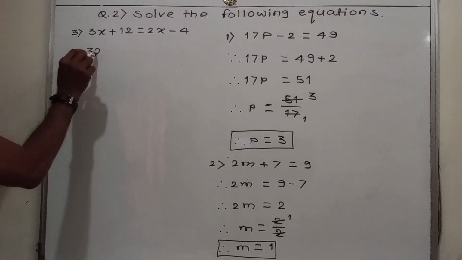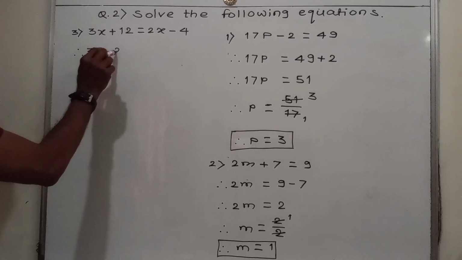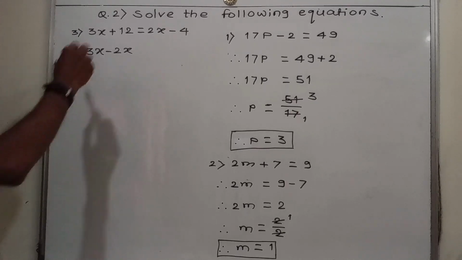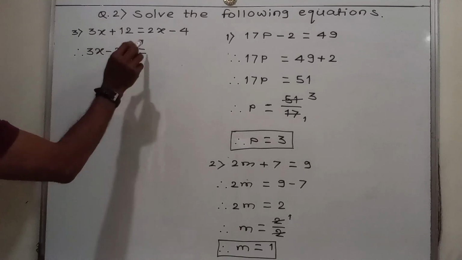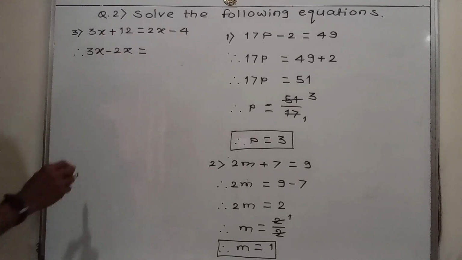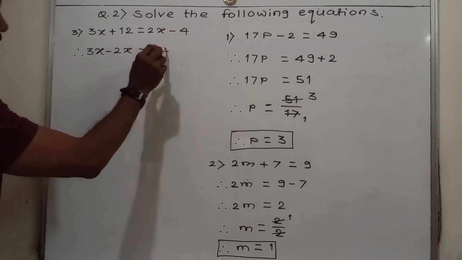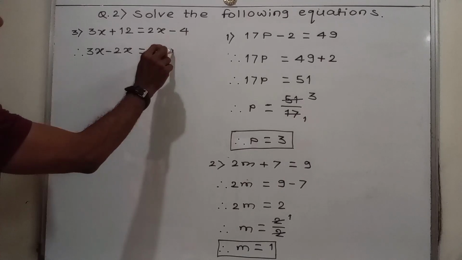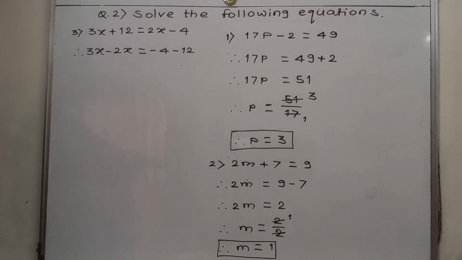Therefore 3x, this plus 2x becomes minus 2x on the left, plus becomes minus, is equal to, now these are also like terms, we write this as it is, and we take this plus 12 to the right side, it becomes minus. Did you get it?